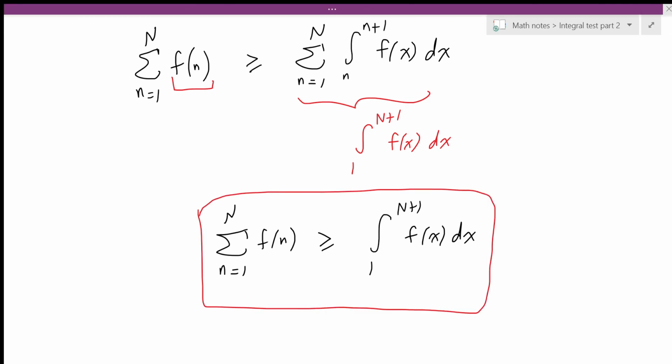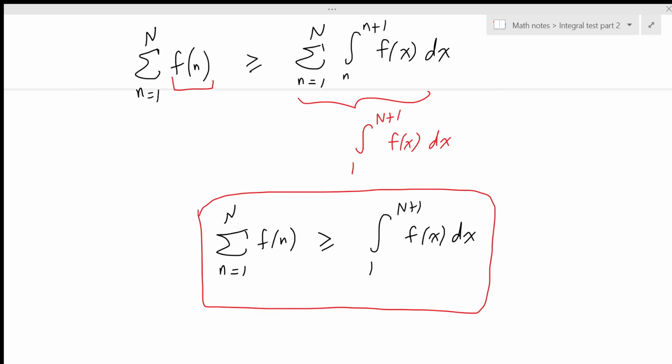And so we learn from this formula that if this integral diverges as n goes to infinity, then so does the series. And that completes this lesson.